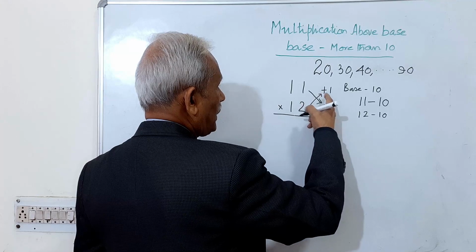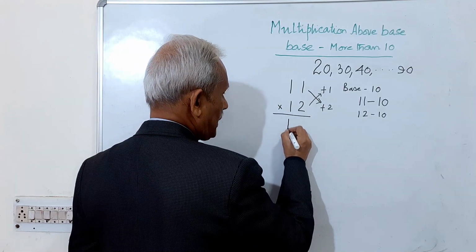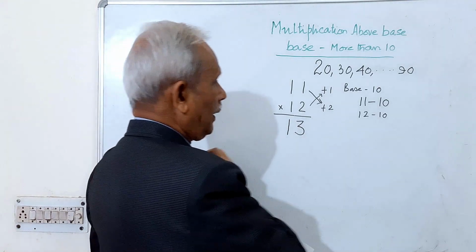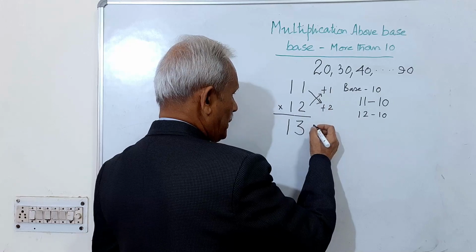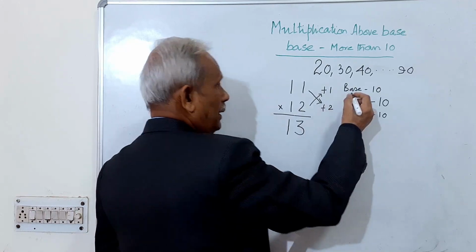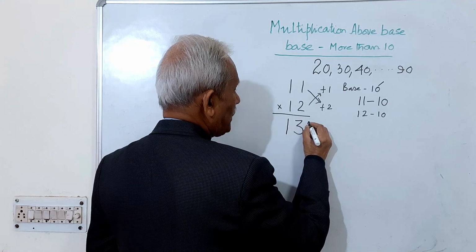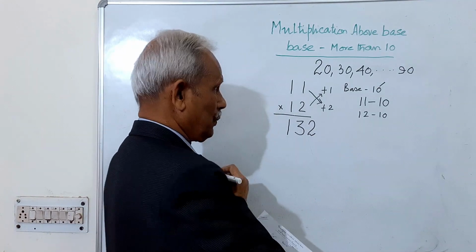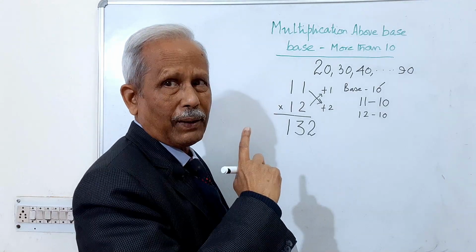So 12 plus 1 is 13, or 11 plus 2 is 13. It's the same in all the cases. So the first part of the answer is 13. And then the second part of the answer is 1 into 2, that is 2. And you see in the base there is 1 zero, so you can write 1 digit here. So the answer was 132. That's how we did it when the base was 10.